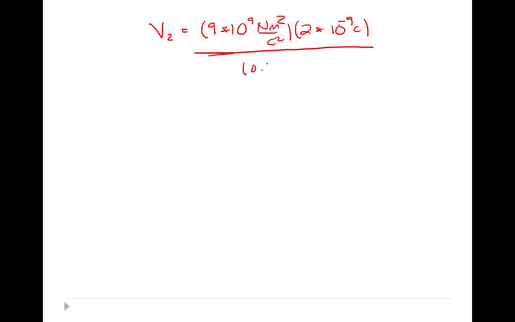And we divide by 0.04 meters, and that works out to be 450 volts. So now I know the contribution to the total voltage from each of the 4 individual charges, so I can find the total voltage by adding them up.